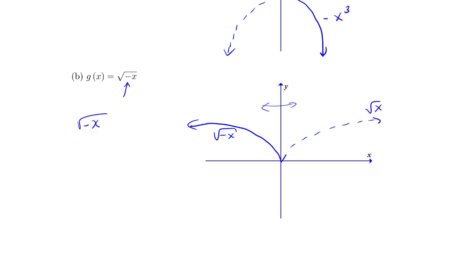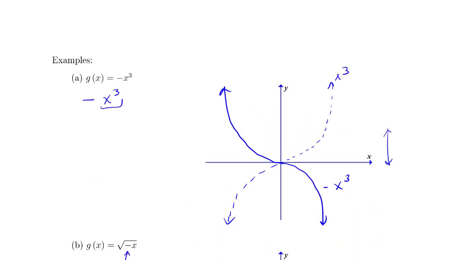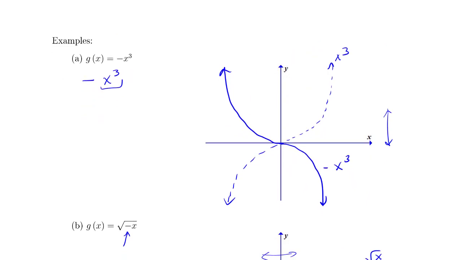Now, actually, there's an interesting note on the first one here, in that what we did in flipping it vertically ends up looking just like what would happen if we flipped it horizontally. That actually makes sense, because think of this. Negative x cubed turns out to be the same thing as negative x all cubed, because this ends up being negative x cubed.